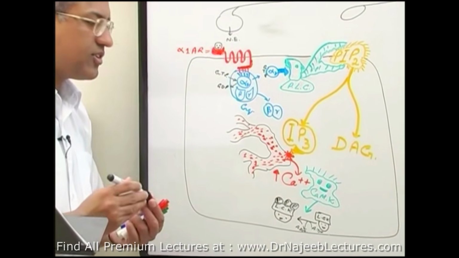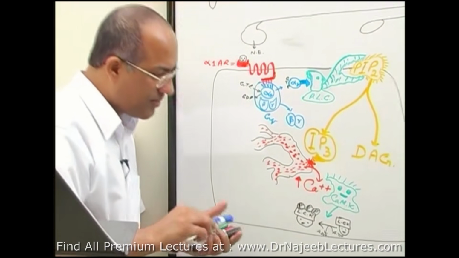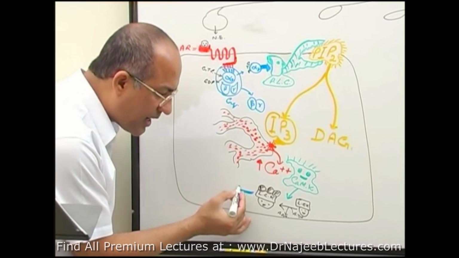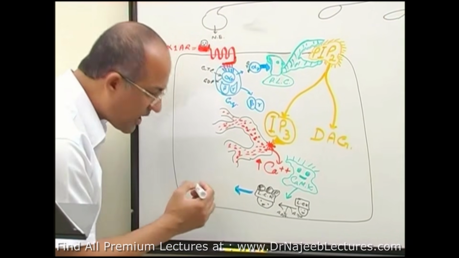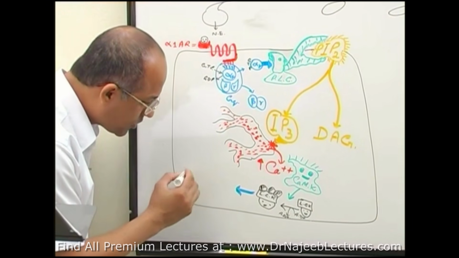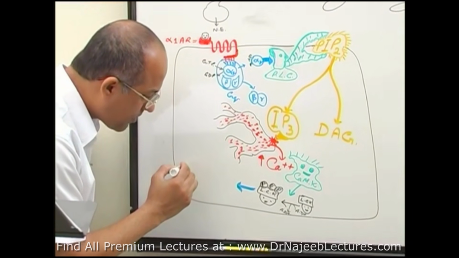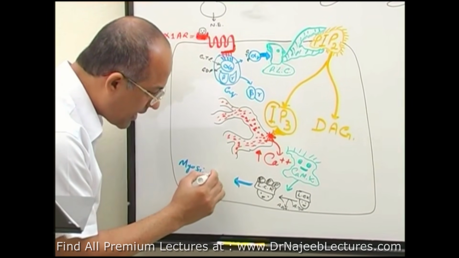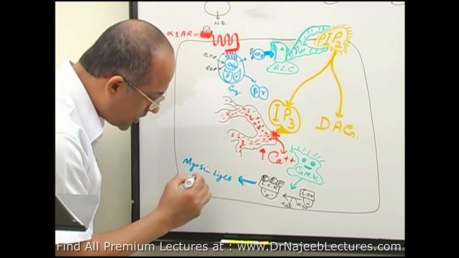When light chain kinases are phosphorylated, who will tell me the next step? They will phosphorylate myosin light chains. They will lead to phosphorylation of myosin light chains.